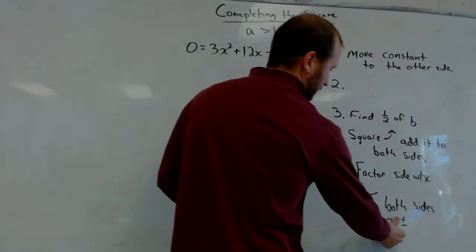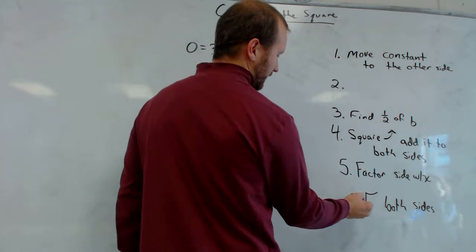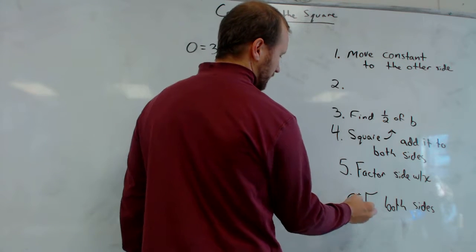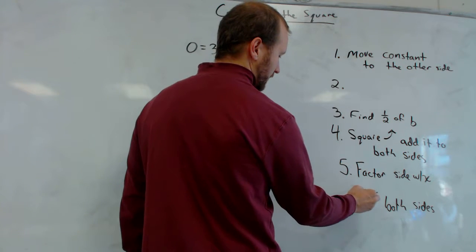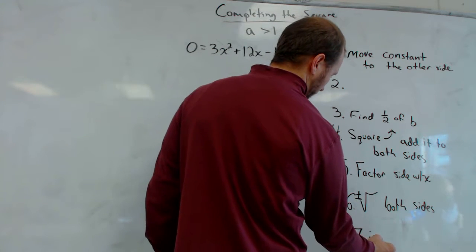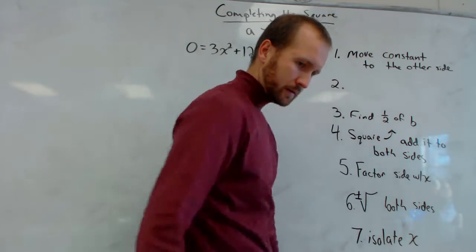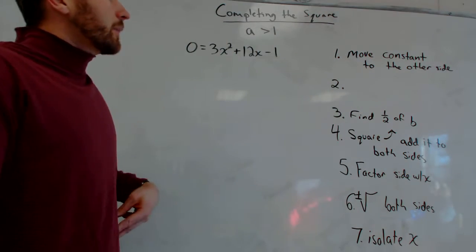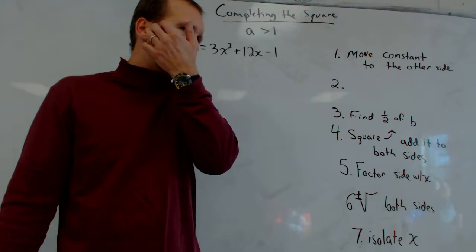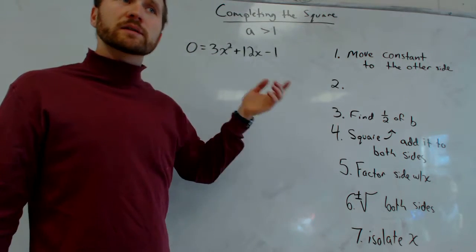And then isolate the side with x. I'm going to just write it, and this is technically not a mathematical term, but plus or minus square root both sides, right? And then what do we do? And then isolate x. Okay, so this only works because when we factor, we have a perfect square.